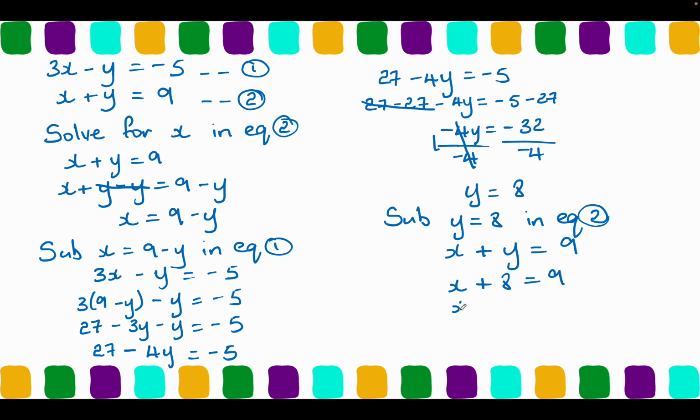Now to get x by itself, we're going to have to subtract 8 on both sides because the 8 is being added. 8 from 8, that's 0. In this case, x will be equal to 1. So when y is 8, x here would be 1.